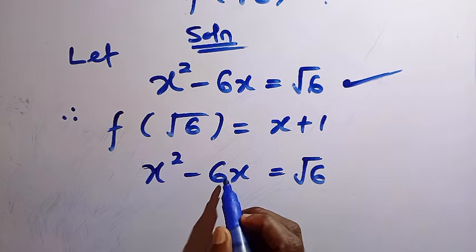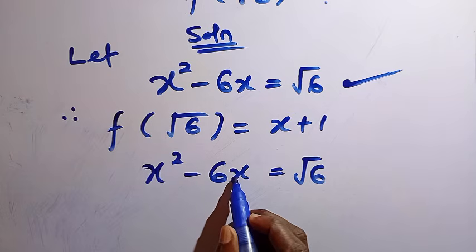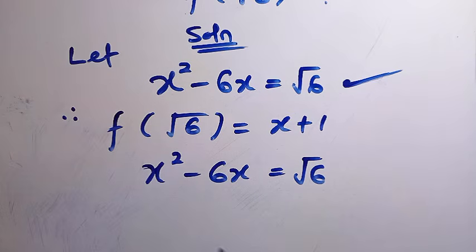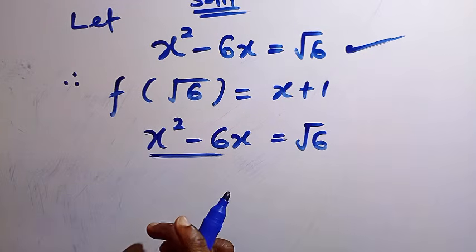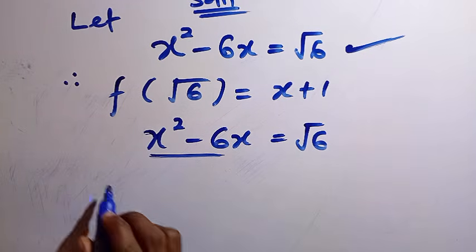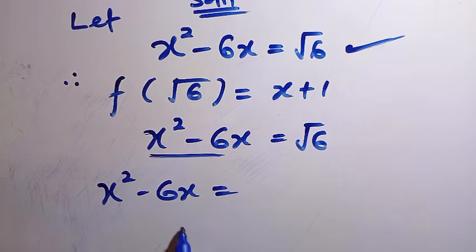Supposed to have 3 terms, but here we have 2 terms, x squared and x. So to balance this, let's consider the left hand side. We have x squared minus 6x. If I divide this 6 by 2, we are going to have 3.